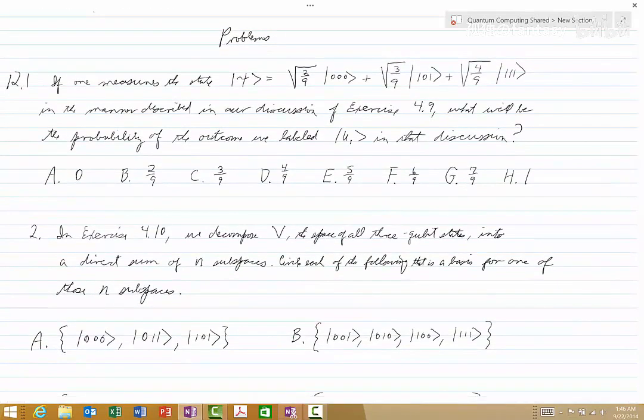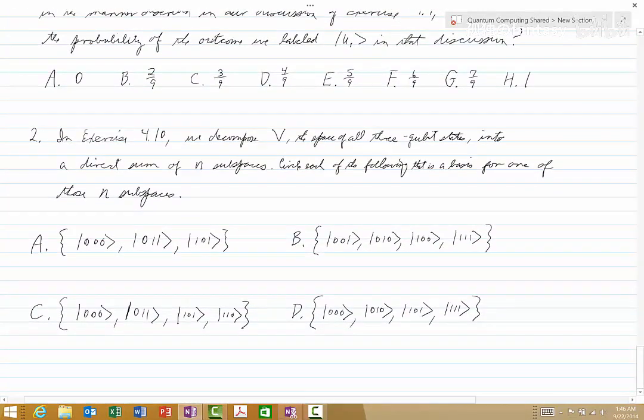And then the second problem states, in exercise 4.10, now we did not discuss that one in the lecture, but I'm hoping that you have the book by now and can read that exercise, and if not, I will read it after the description of this problem.